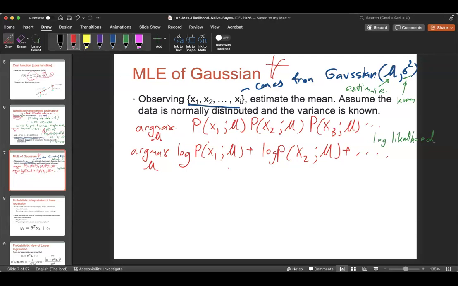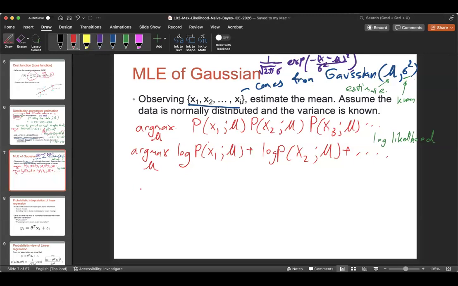Okay, and then we put in the Gaussian distribution. What's the equation of the Gaussian? It is the exponent of minus (x minus mean) squared over the variance. So this is the equation of the Gaussian, and we can plug in.